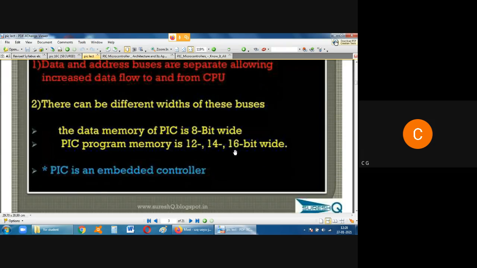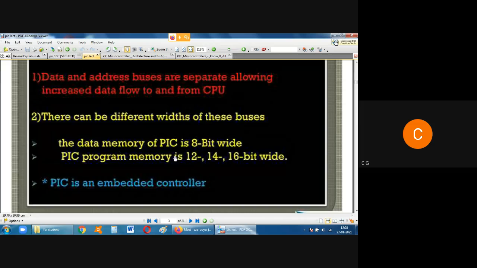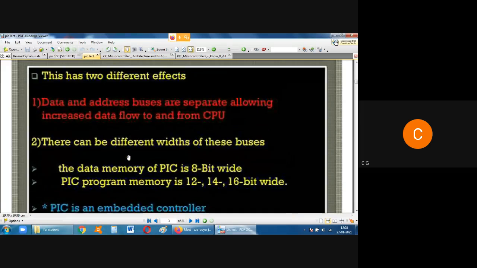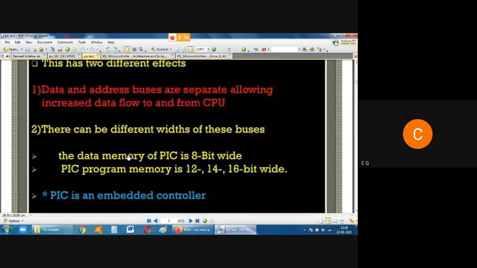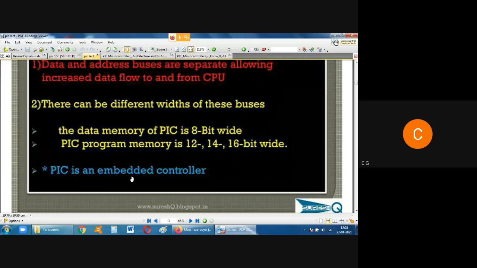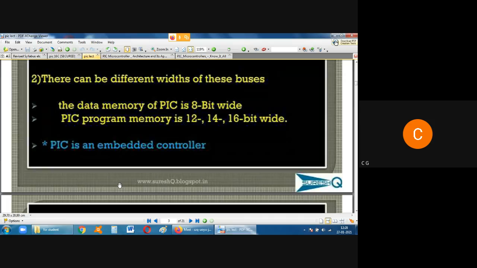Now PIC is an embedded controller, so it has some predefined functions. When the word embedded comes, you have to start thinking that it is like a live system. The main thing is that all embedded systems are live OS.